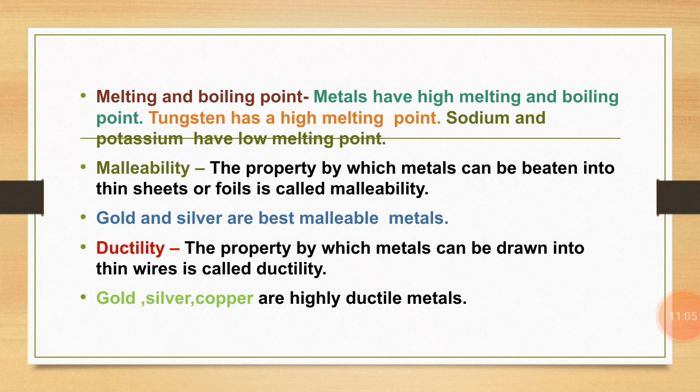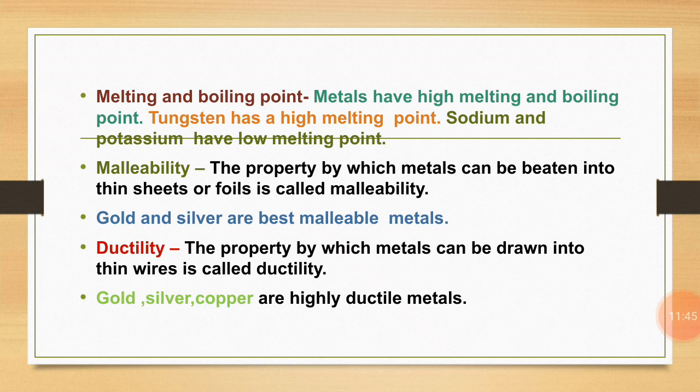The next property is ductility. What is ductility? Ductility is the property by virtue of which metals can be drawn into thin wires. That is why we use copper wire, because copper is a metal that possesses this property of ductility.